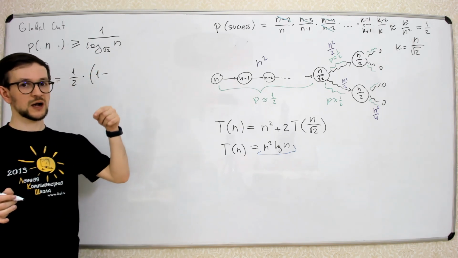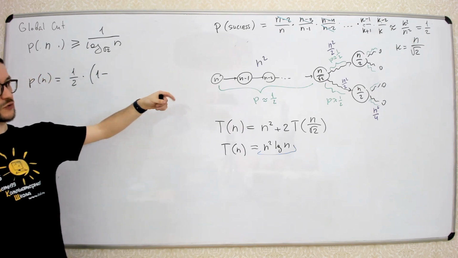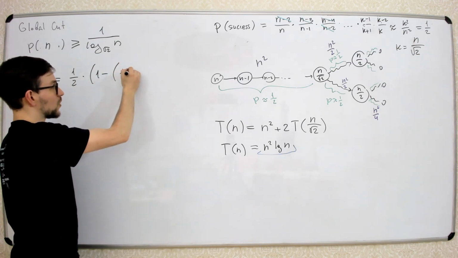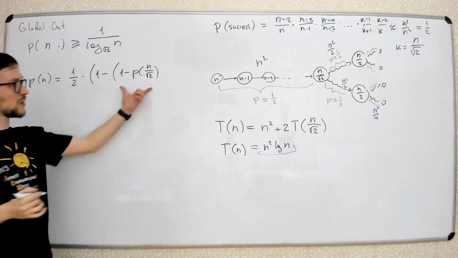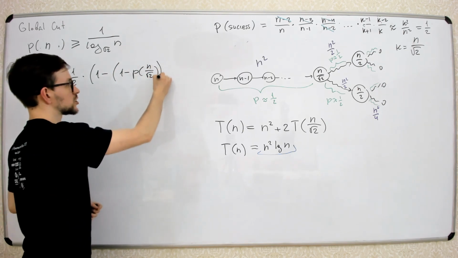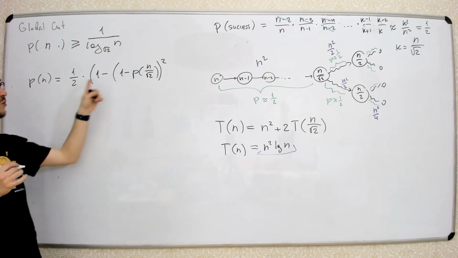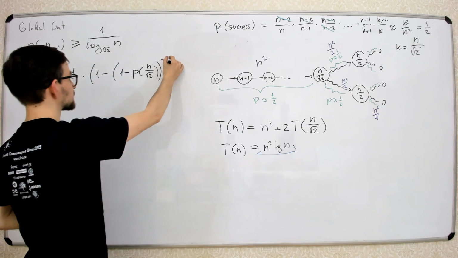What is the probability of having both these branches wrong? It is 1 minus P of n over square root of 2. This is the probability of one failure, and we just take the square of this. This is the probability of two failures. 1 minus this is the probability of at least one success.